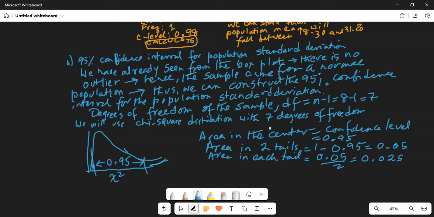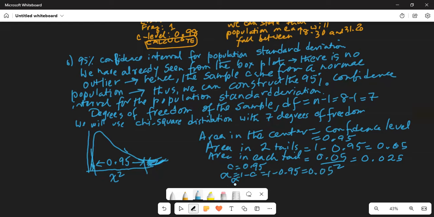This is also 0.025. Now, in terms of symbols, C, the confidence level, is 0.95, and alpha is equal to 1 minus C, the area in two tails, which is 1 minus 0.95, or 0.05.